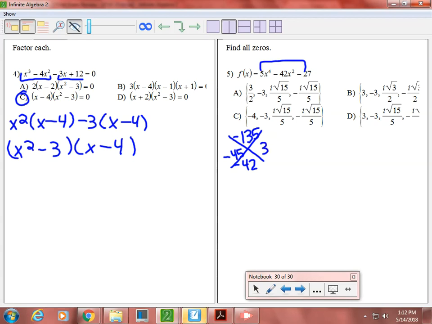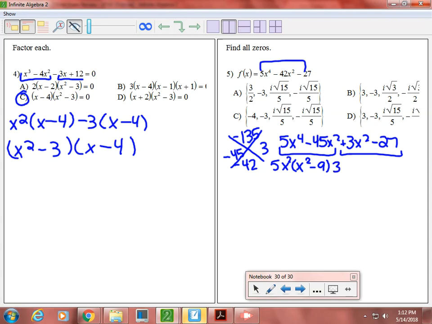So remember, I have to go long method here. So I say 5x to the fourth minus 45x squared plus 3x squared minus 27. Okay, what's in common here? 5x squared, and I'm left with x squared minus 9. In common here is 3, and I'm left with x squared minus 9.